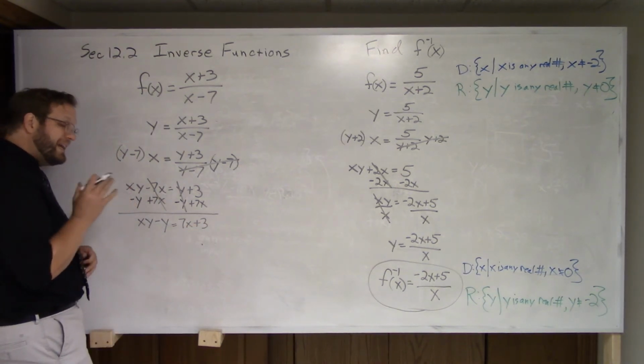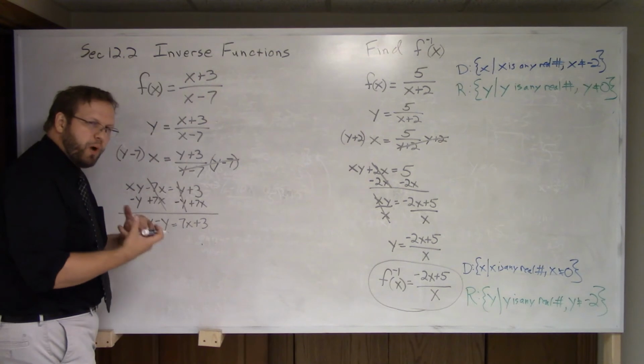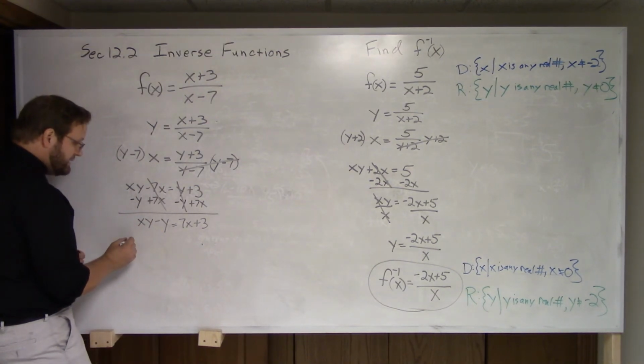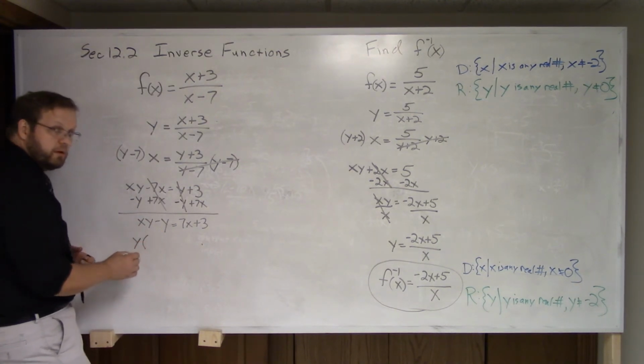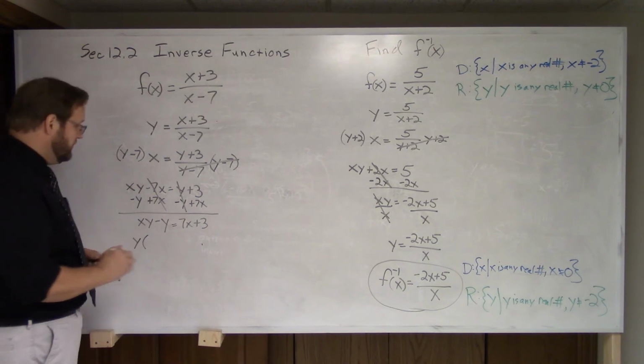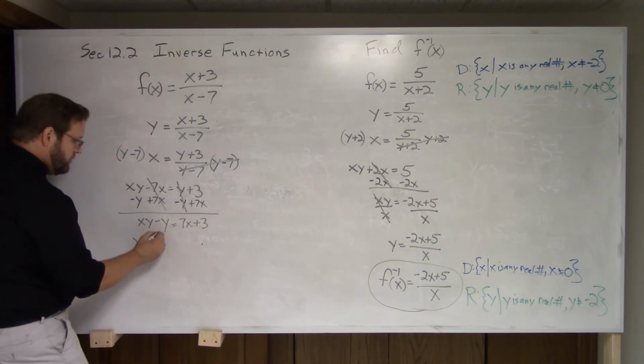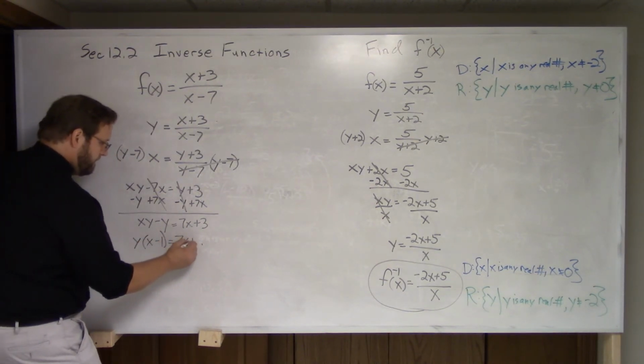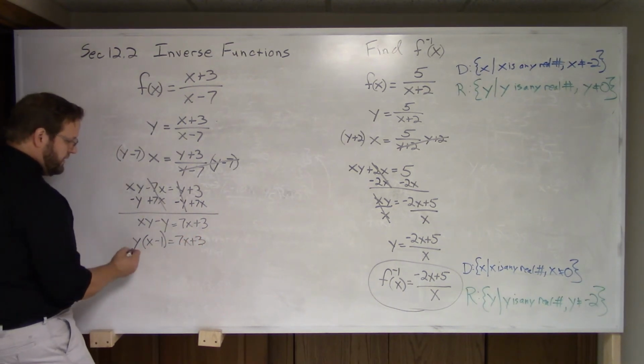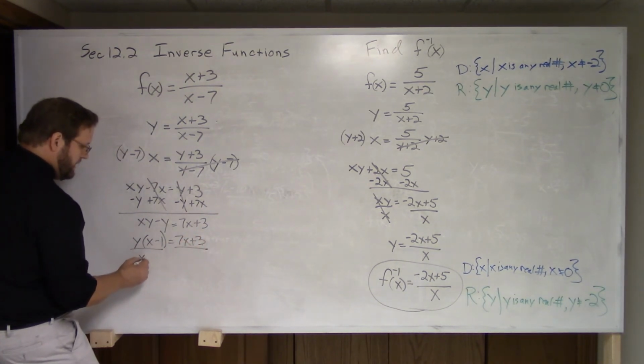What I can then do, why I wanted all those y terms together, I can simply take that out as a GCF. Now I only have one y. And I get x minus 1. And then I can divide by x minus 1.